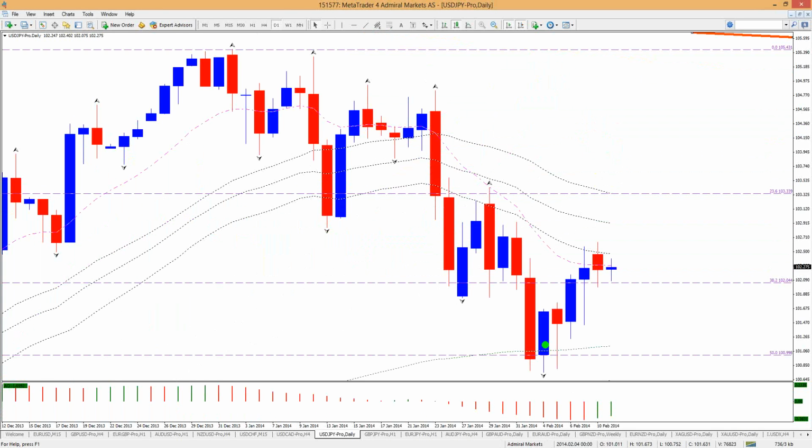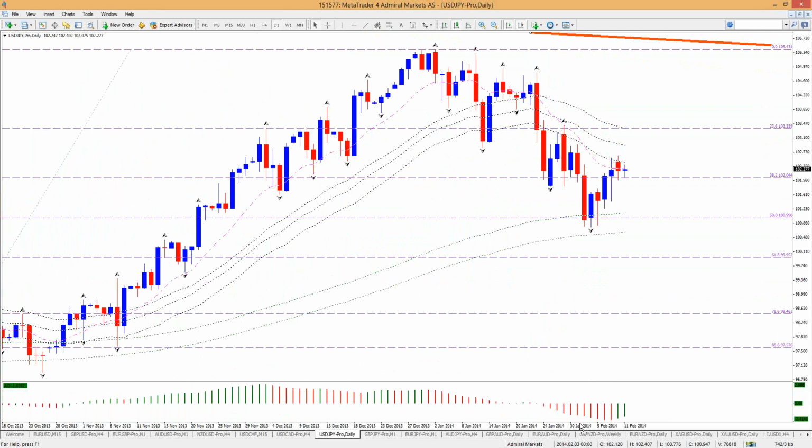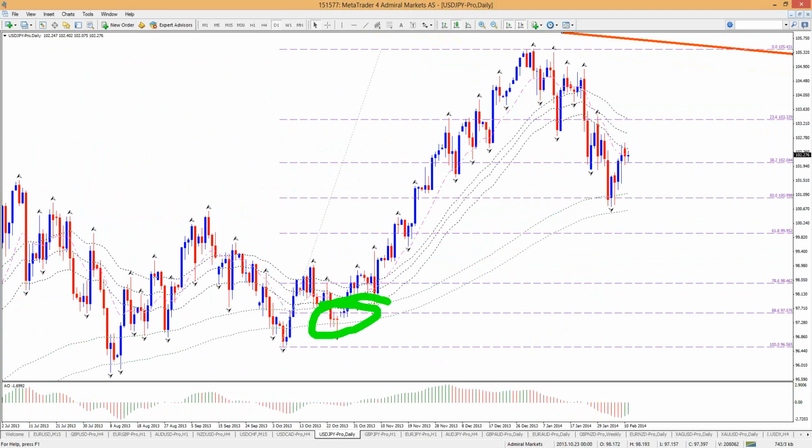The daily chart here is seeing some bullishness. Although we are getting a bounce off the green band of the daily chart, which itself has acted as support here and here and here and here as well, we do have resistance again above us. So does price have enough momentum to push through that resistance on the daily chart?